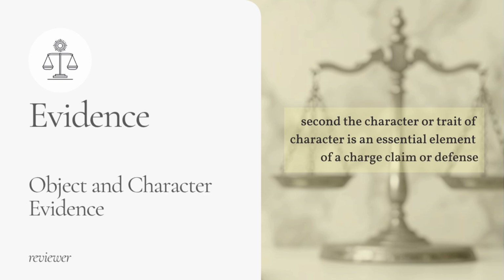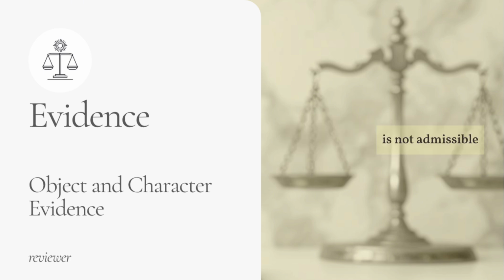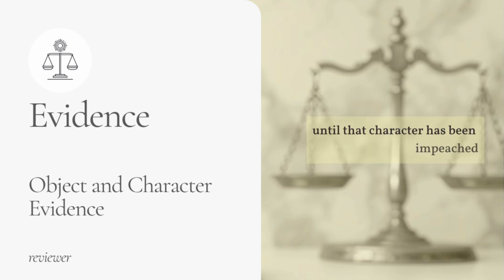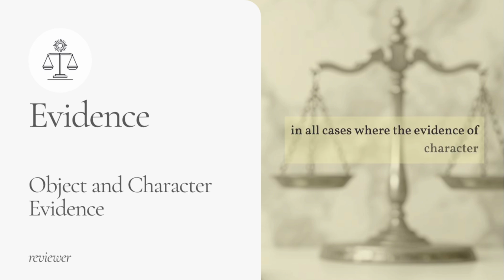So, in civil and criminal cases, generally, evidence regarding the good character of a witness is not admissible until that character has been impeached by the other party. In all cases where the evidence of character or a trait of character is admissible, the proof may be made by testimony as to reputation or testimony in the form of an opinion.